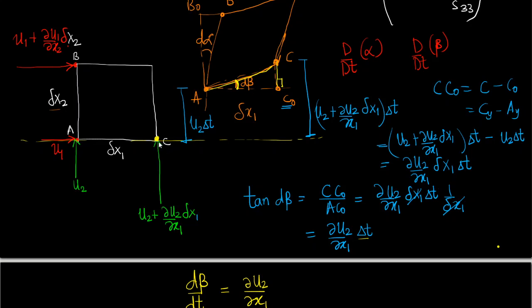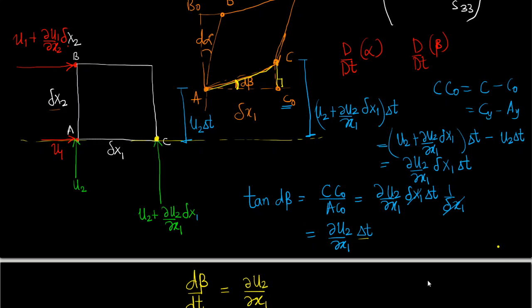If the velocity at point C is less as compared to the velocity at point A, then point C would have lagged and I would have a negative rate of change. So it is clear that the cross derivative is responsible for the alteration of a square element into a rhombus.